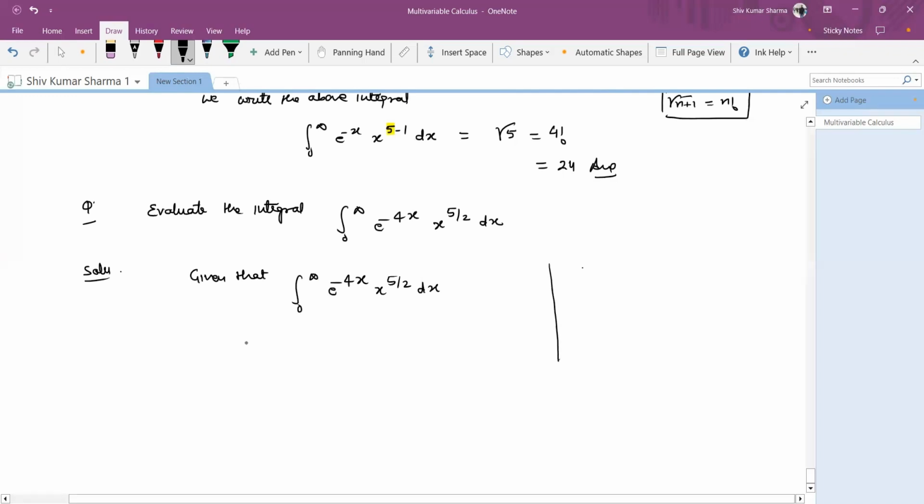Now we do the solution of this integral. We remember all the definitions related to gamma function when we are solving problems related to gamma, and also when we solve problems related to beta.